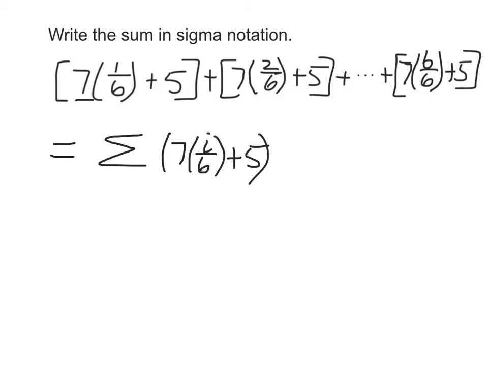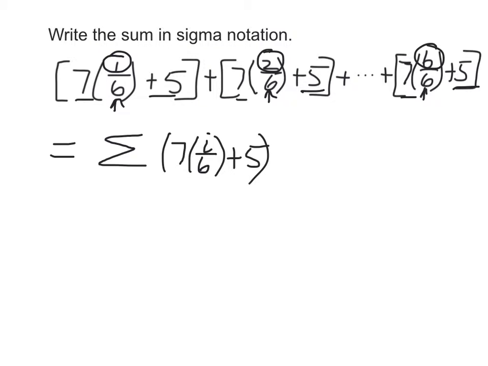We see the 7 shows up in each part. The plus 5 shows up in each part. Those two pieces do not change, so we don't need i at that part. Also, the denominator of our fraction remains the same throughout. The only thing that's changing is the numerator.